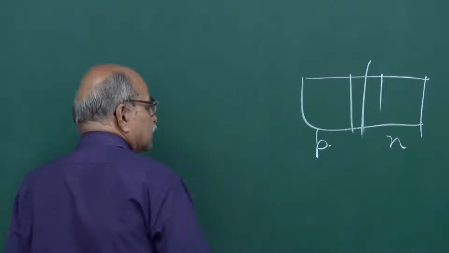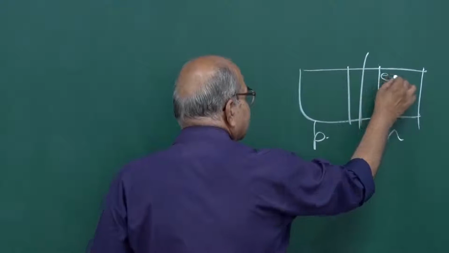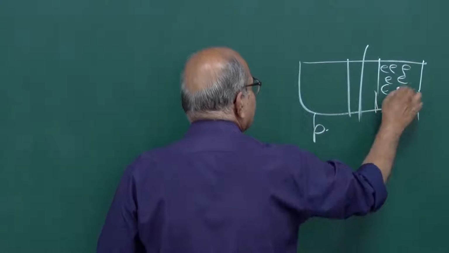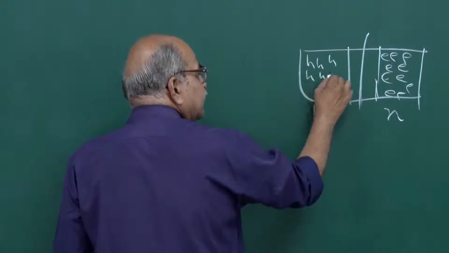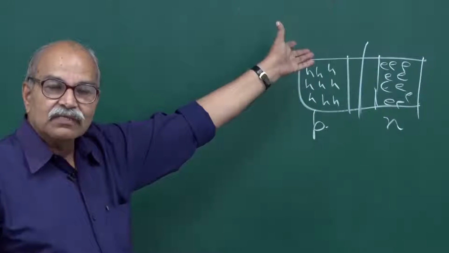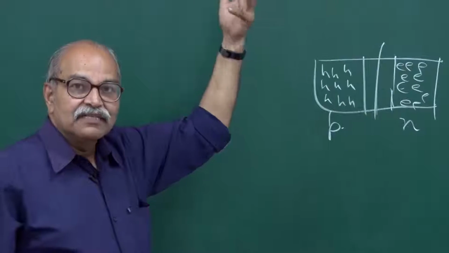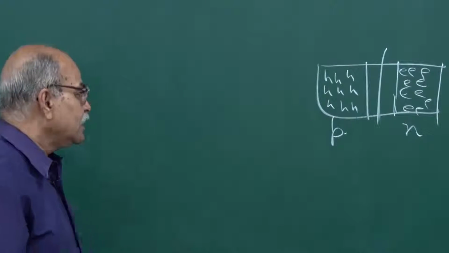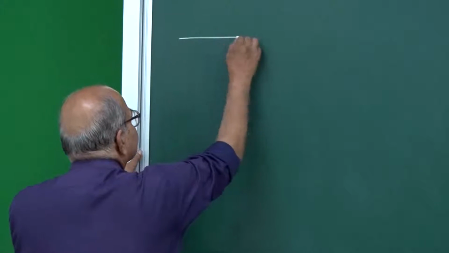You have a depletion region, and then you have a lot of electrons here and a lot of holes here. And we discussed how these holes and these electrons are distributed in different quantum states of different energies. The band looks like this.